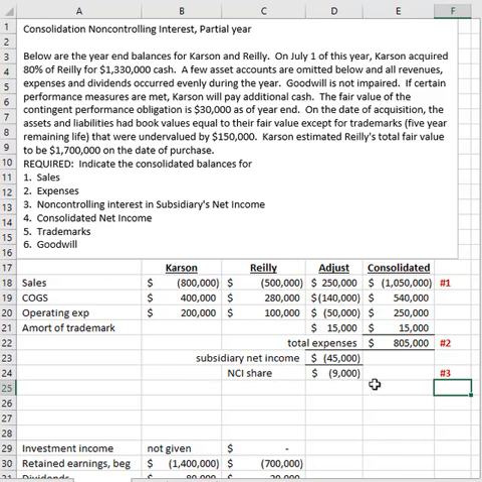Now, consolidated net income would be the consolidated sales less total expenses.